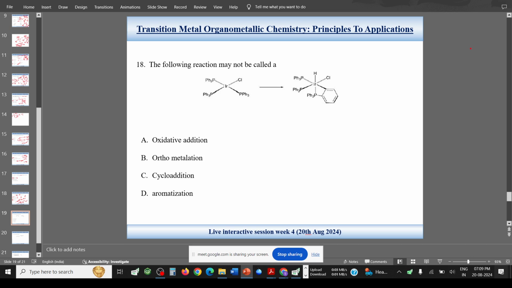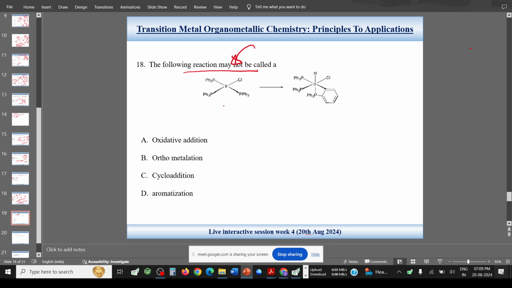Aromatization, sir. Okay. So here it is saying that the reaction may not be called A. Which may not be called, so you need to find the negative answer.